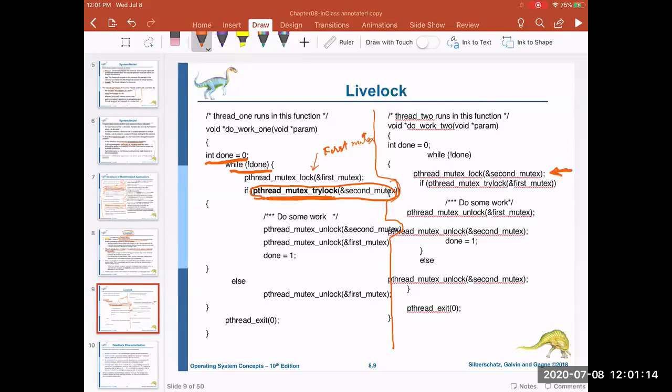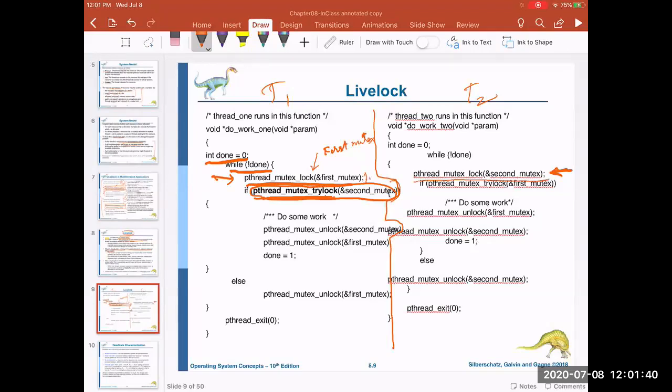Now let us suppose thread T1 and thread T2 started executing at the same time, running in parallel. Then this would execute this particular instruction. Pthread mutex lock acquired this, and here T2 acquired the second lock.